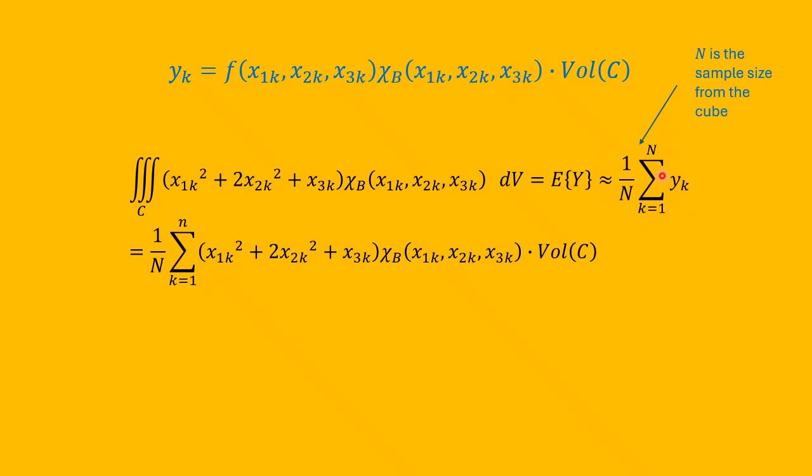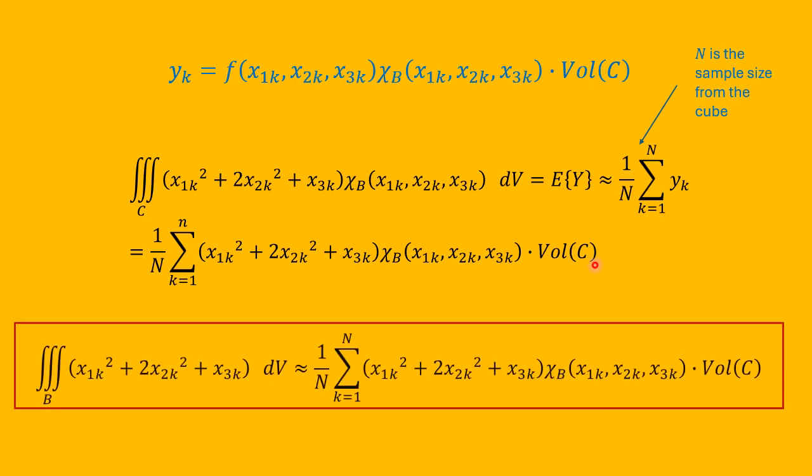In this formula, n is just the sample size of the points that we took from that cube. Now, plugging in what y sub k is, we have 1 over n times all of this stuff right here, which is just y sub k.